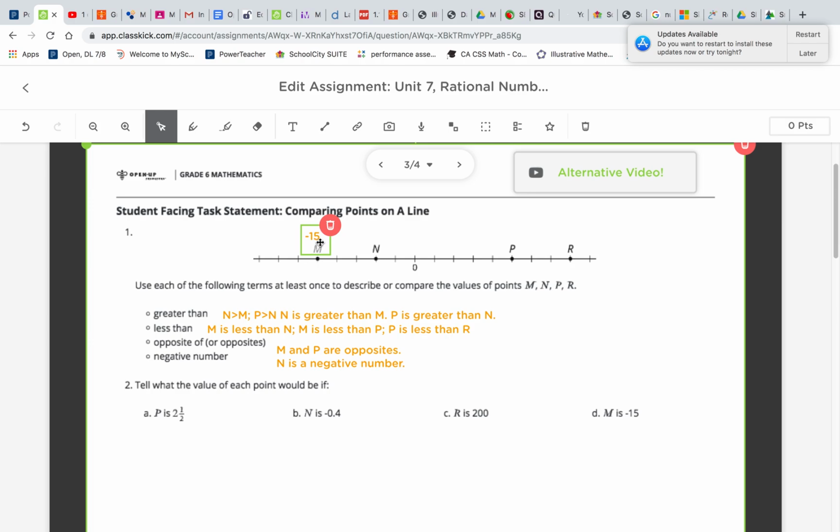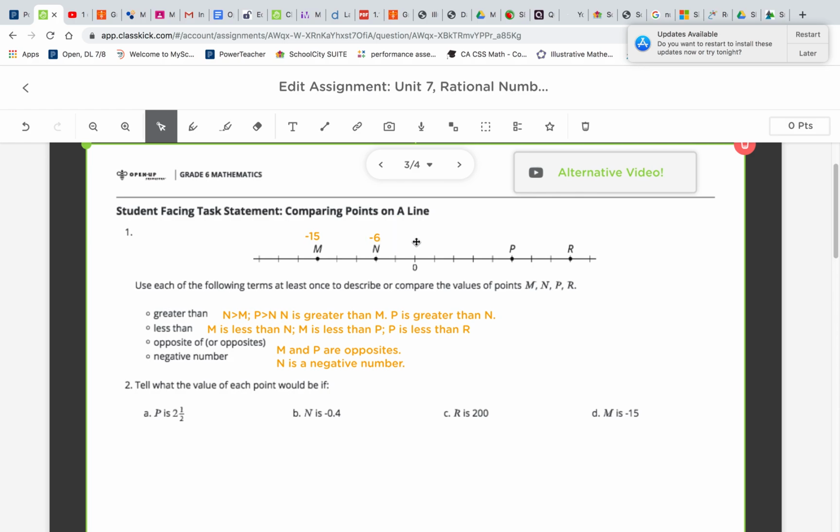From negative 15 up 3 is negative 12. Up 3 more is negative 9. And then up 3 more is negative 6. So this would be negative 6. I know this is going to be tricky for many of you. But let's continue in that direction just to see how it works here. If each one's worth 3, this is negative 6. If we count 3 more up, this is negative 3.